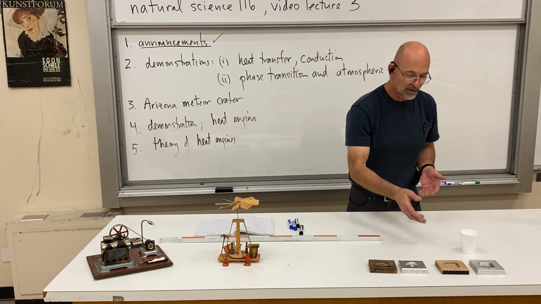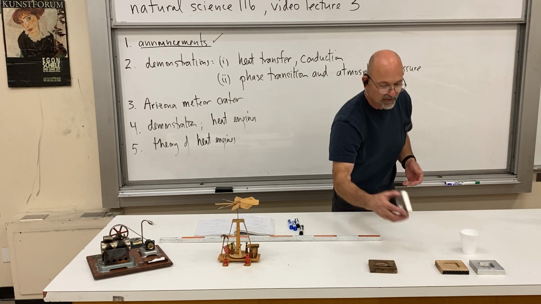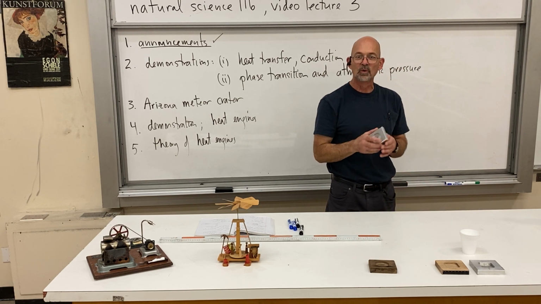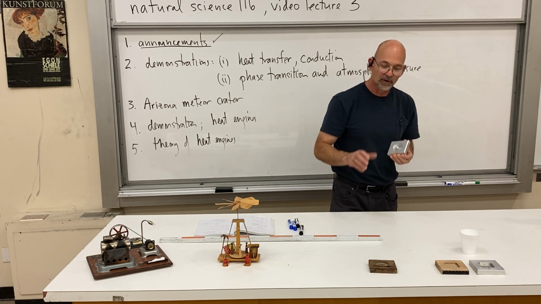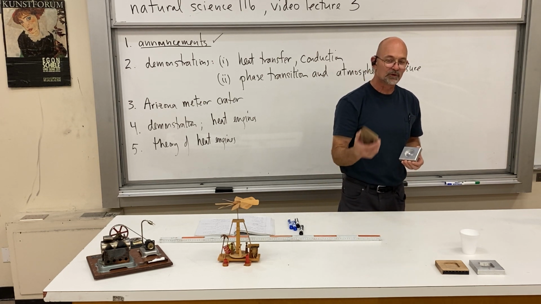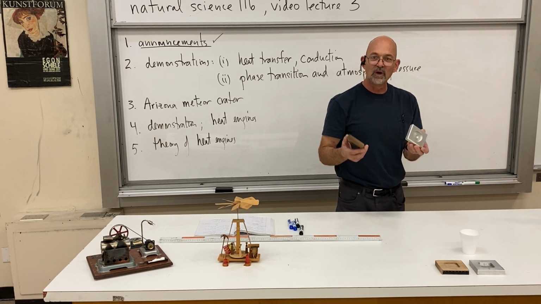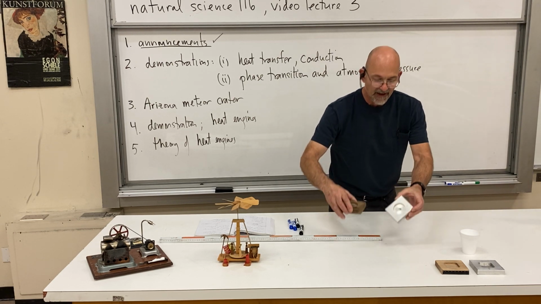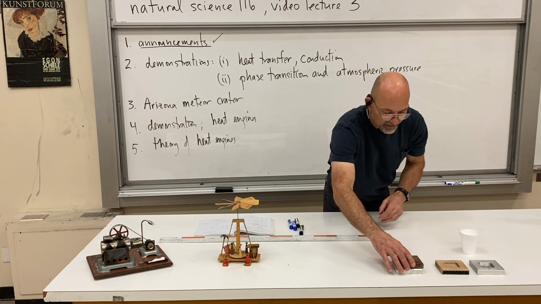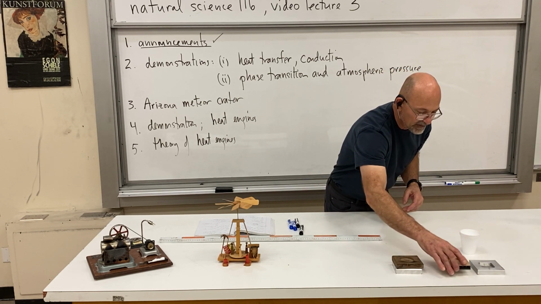Although the first thing I do if I pass these out through the class, this one feels very cool. Hold it up against your cheek, it's very, very cool. This one feels neutral or warm. And so why is that? Why does one feel cool, the other one feel warm when they have exactly the same temperature? They've just been sitting like this forever.